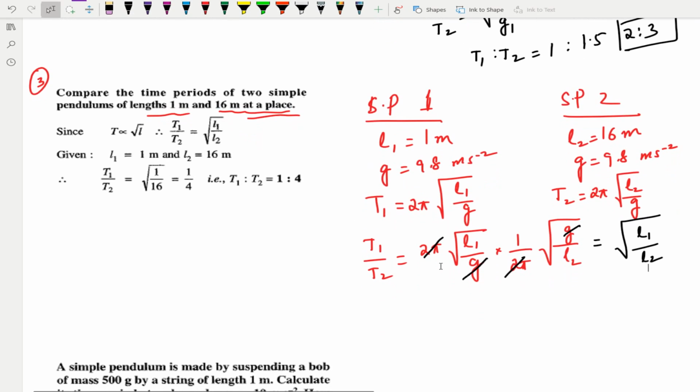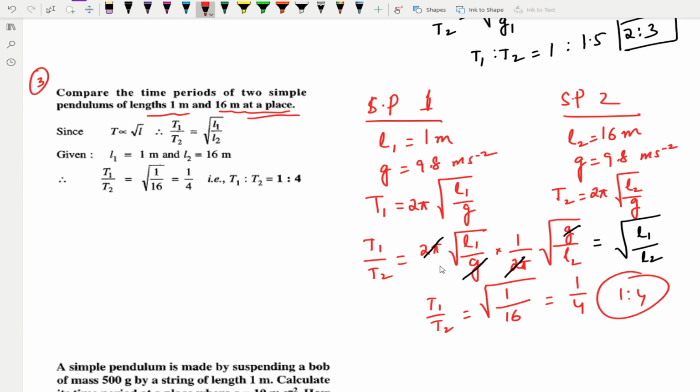Now if we place the values, T1 by T2 is equal to root of L1 is 1 and L2 is 16, so this value will become 1 by 4. So again 1 is to 4 is the answer. Now remember, you can remember these shortcuts like T1 by T2 is equal to root of L1 by L2.